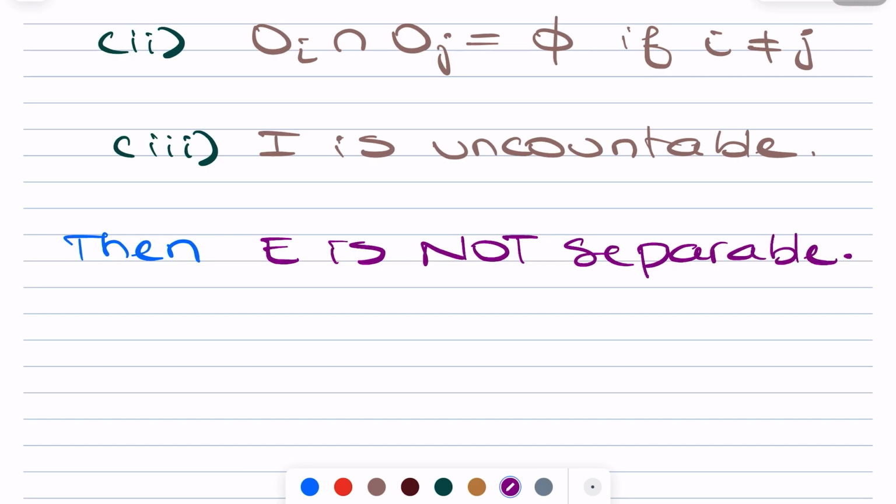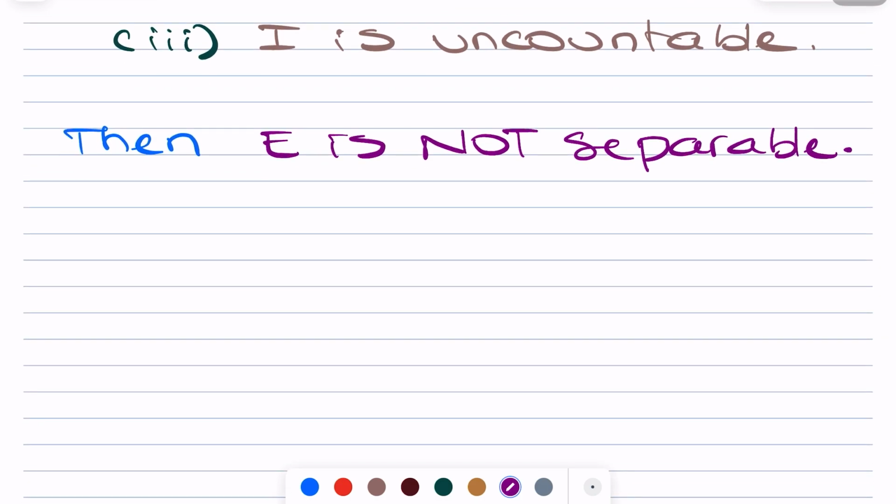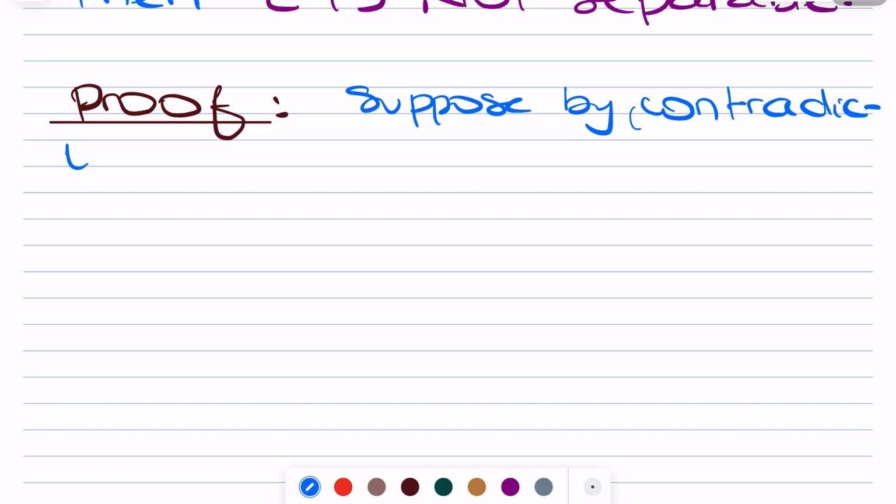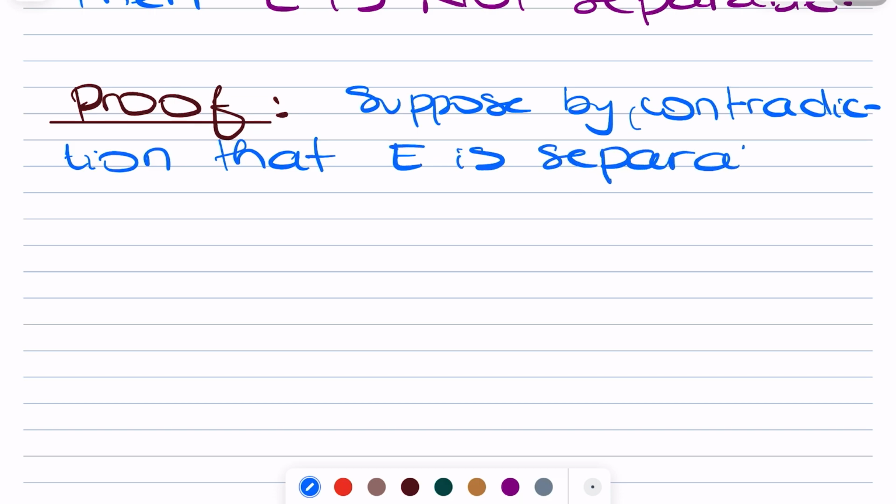So proof. Suppose by contradiction that E is separable.